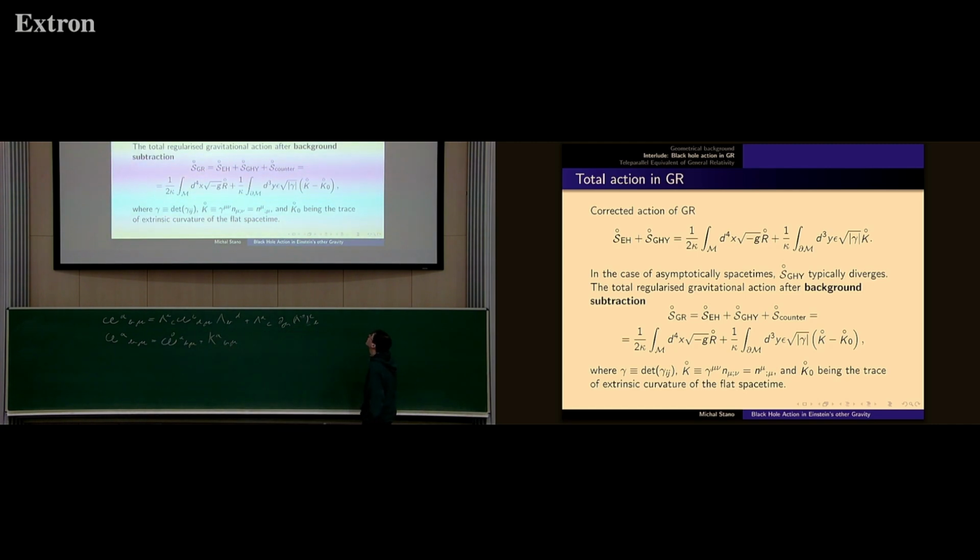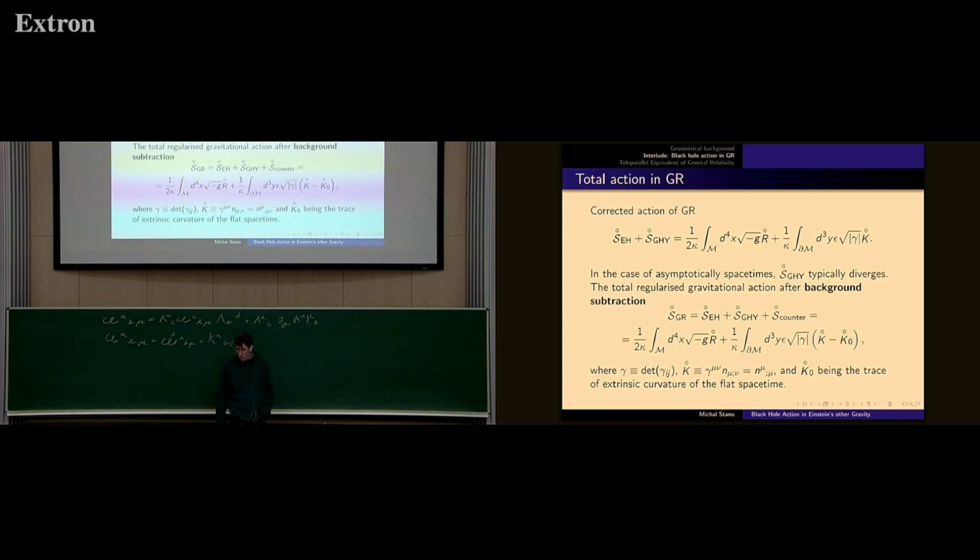That means that at asymptotic infinity, there are usually unwanted divergences, and as we want to obtain a finite result, we need to undergo some sort of regularization.